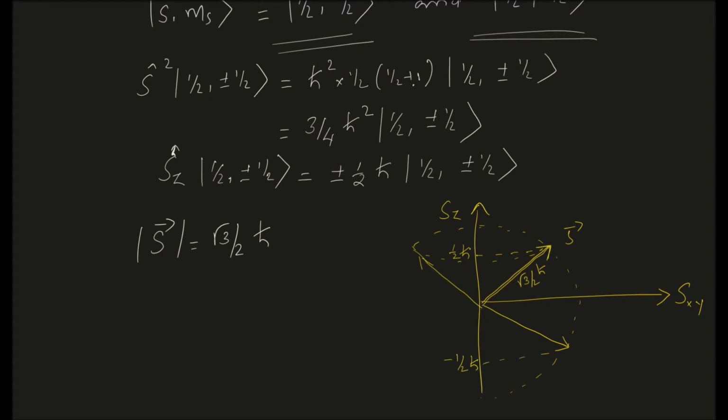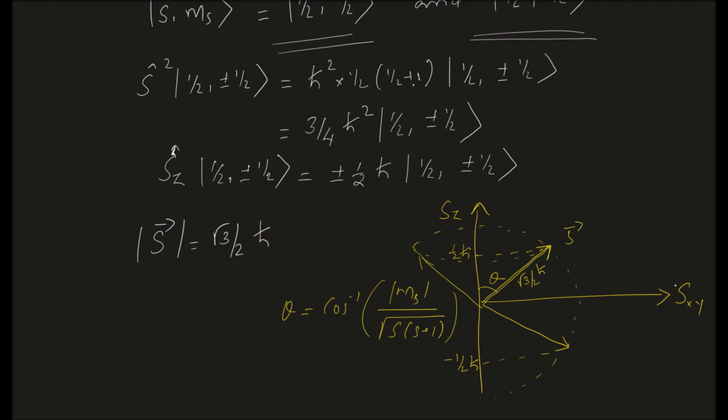So these two are the only possible orientations for a spin half particle, and you can easily find the half angle theta for this cone. This angle theta is given by cos inverse of ms divided by square root of s into s plus 1.